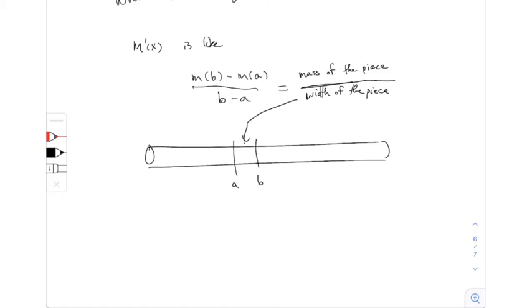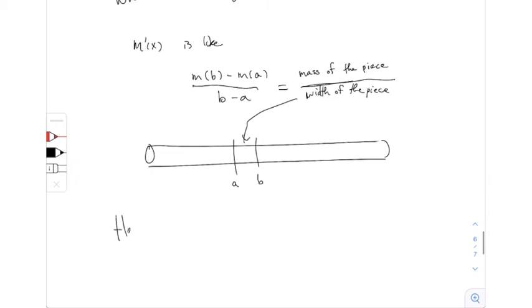So this fraction here, in this example, m prime of x is the density, I'll say linear density, like density per horizontal distance, rather than, density usually means per volume measurement, but I don't care about the volume in this problem.